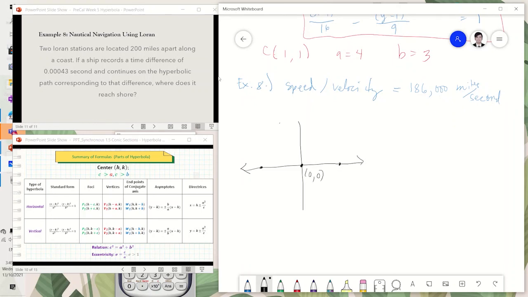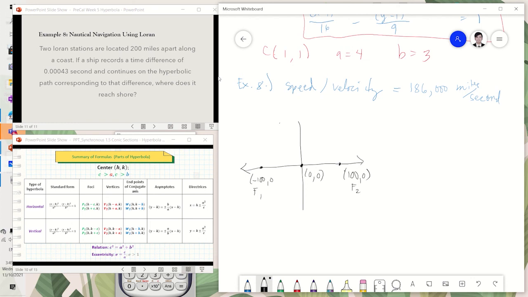Since they're 200 miles apart, from the center going to our first focus, that would be 100 miles. So (100, 0). And then, okay, wait, let's consider this as our second station. And this is our first Loran station, which is also 100 miles away from the center.